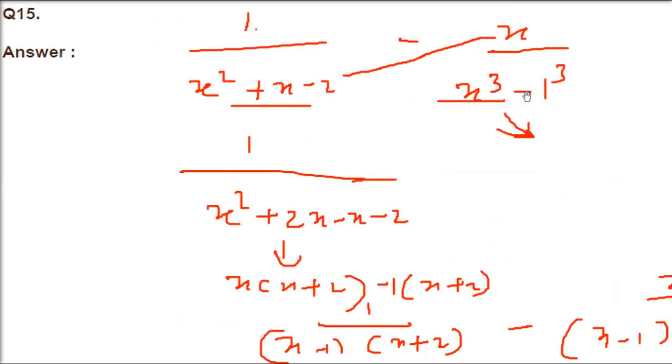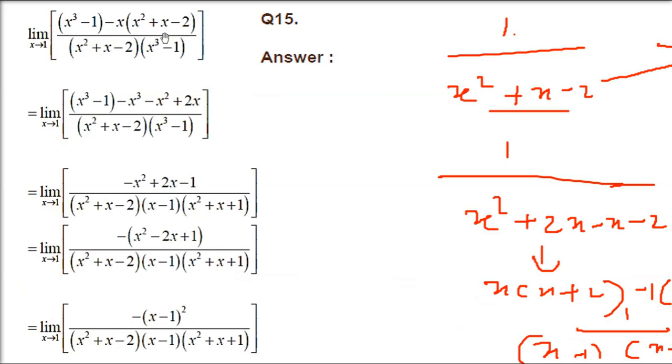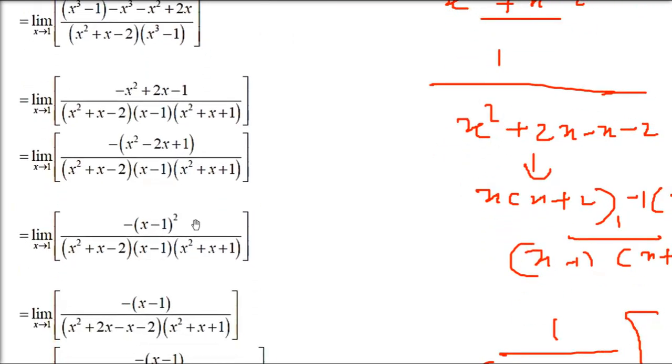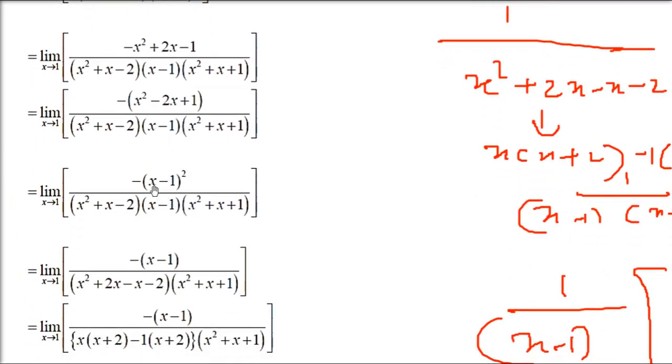Here also you can see, here we directly multiplied. This is also a way you can do it. When we multiplied and whatever we get, finally it's all about eliminating x minus 1, because x minus 1 is of course a factor, so it's going to cancel anyway. Otherwise if it doesn't cancel, you will not be getting any limit, because x tends to 1, x minus 1 is the factor.